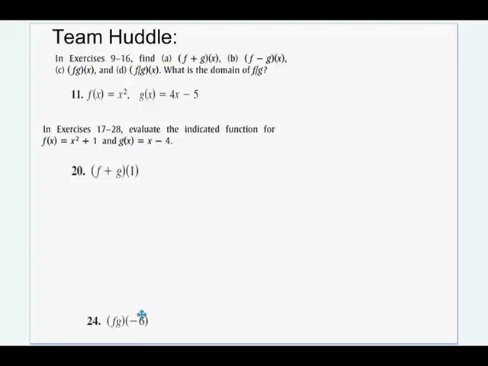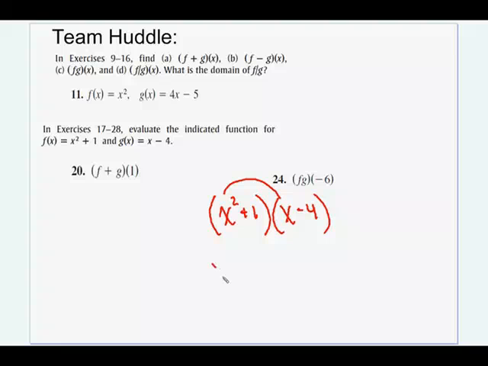And they want us to do the product. And after we do the product, to run a negative 6 through there. So our f of x function is x squared plus 1. Our g of x function is x minus 4. And we could do a little foiling here. We're going to have x to the third minus 4x squared plus x minus 4.